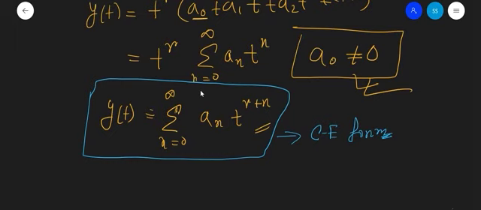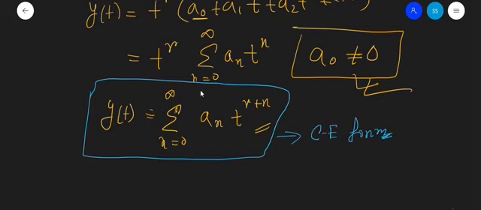And then this series in the differential equation will give us some recurrence relation, and at the same time, when we equate the coefficient of the lowest power of t on the left hand side to 0, we will arrive at a quadratic equation in r, and that is called an indicial equation.